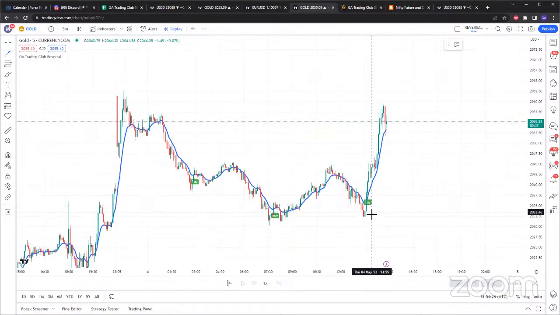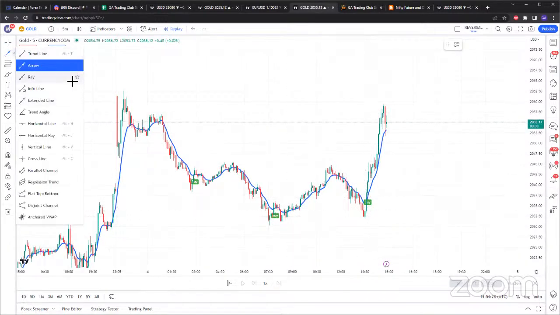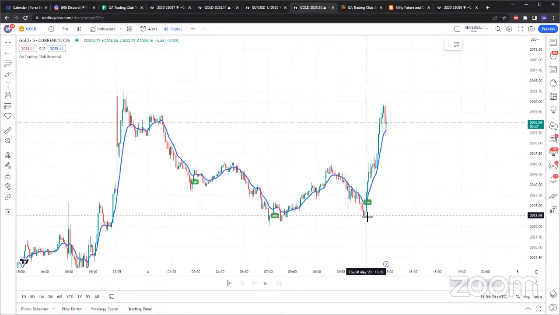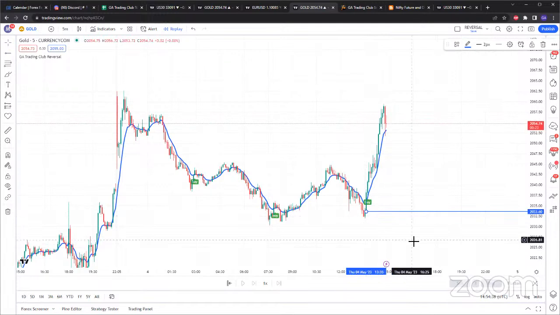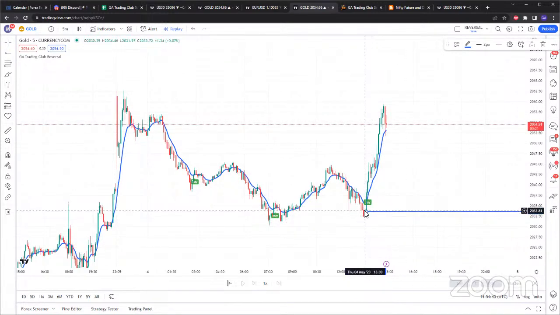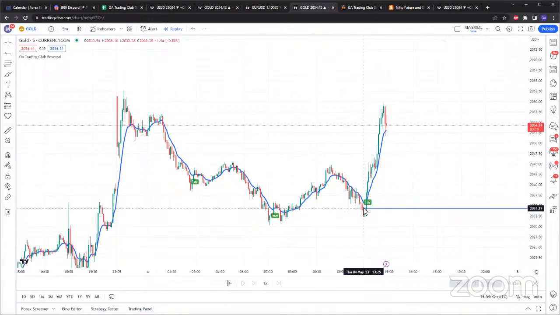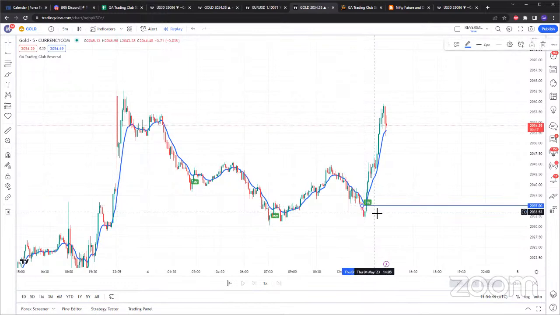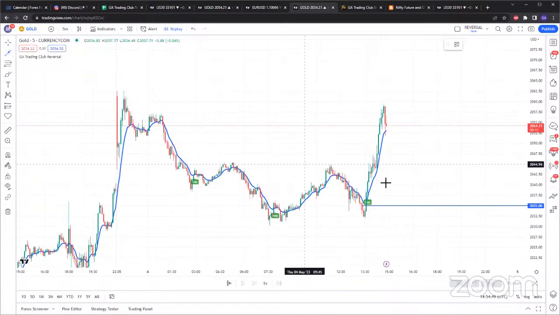So for example, here, I have an area of interest, because I can see a possible reversal on gold too. The area of interest for me is around here before the trend started, around this candle. So 2033, I'll call that 2035 for ease of math. So 2035 is around there. A 150 pip move on gold is $15.